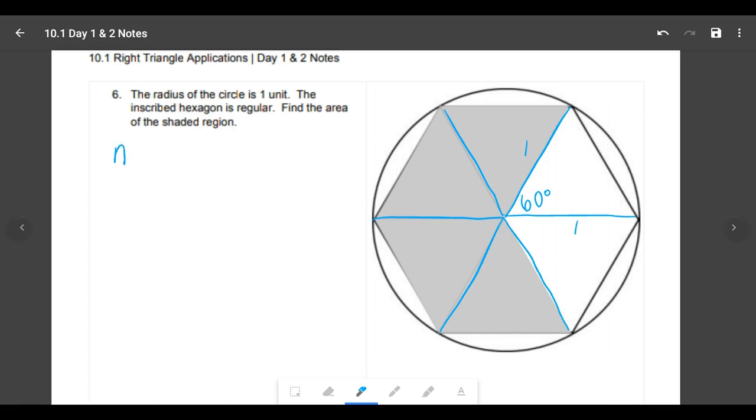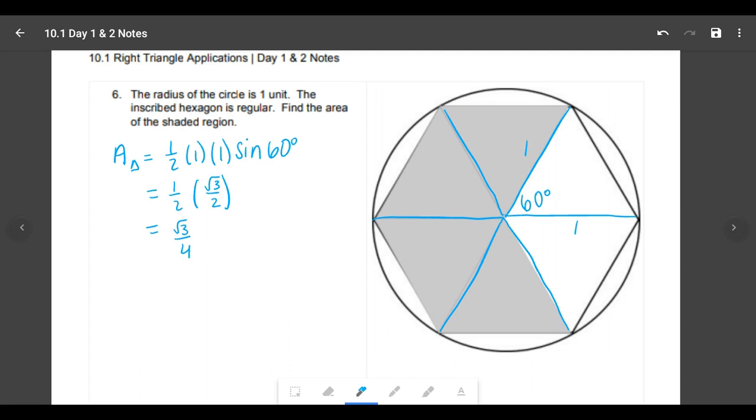So the area of these little triangles is going to be 1/2 times 1 times 1 times the sine of 60 degrees. And so when I simplify this, I just simply get 1/2 times square root of 3 over 2, which ends up being the square root of 3 over 4. So each one of these triangles has an area of the square root of 3 over 4.